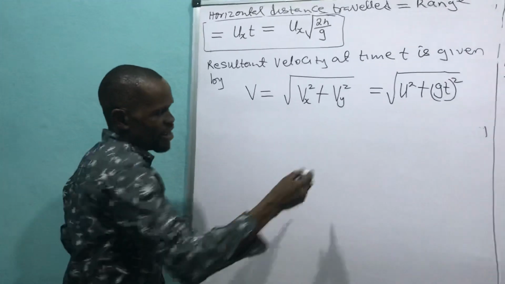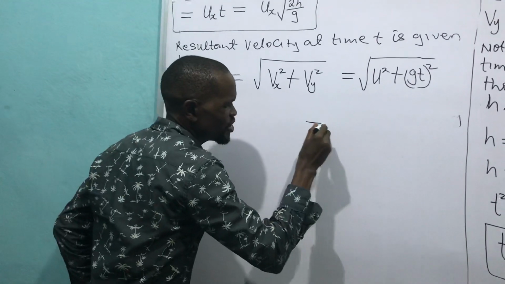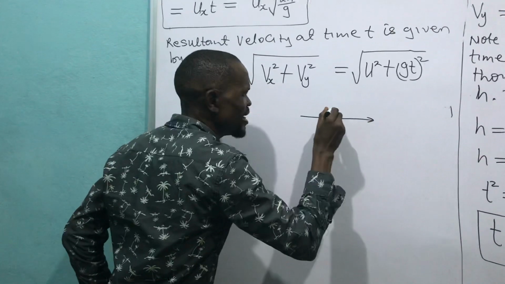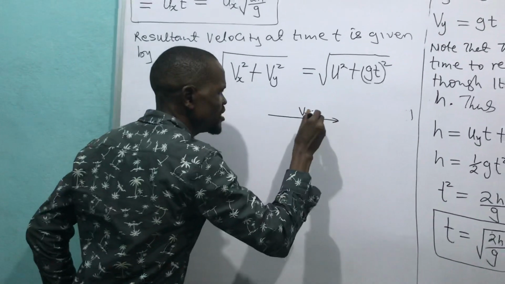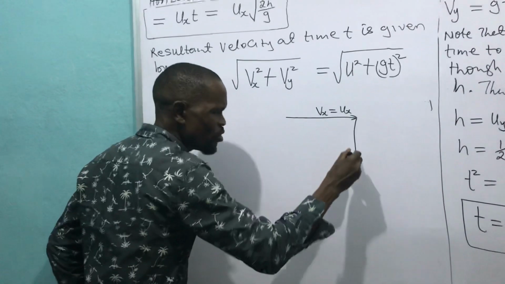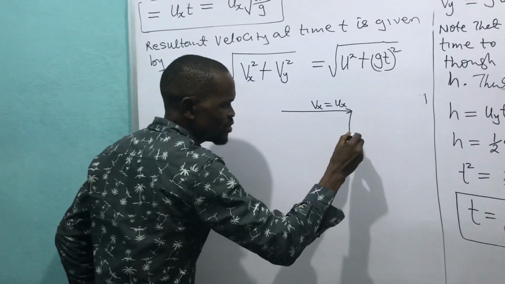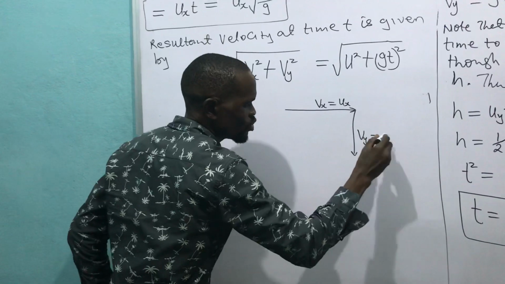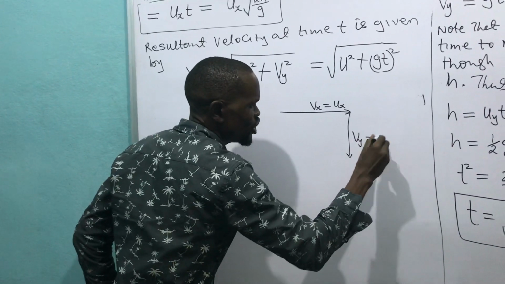You remember how we get the resultant velocity? We said this man moved this way, and his final velocity is equal to the initial velocity from the characteristics. And that one falling, vy, is equal to gt.